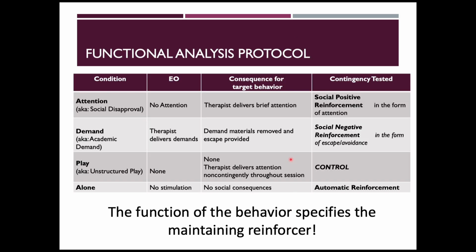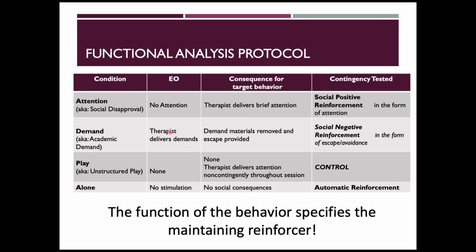So if we look at our functional analysis protocol, which we've done many times already, we know that each condition, each test condition, the attention, demand, and alone, is a test for a reinforcement contingency. That is the reinforcer that maintains a problem behavior. And we have them listed here on the right.